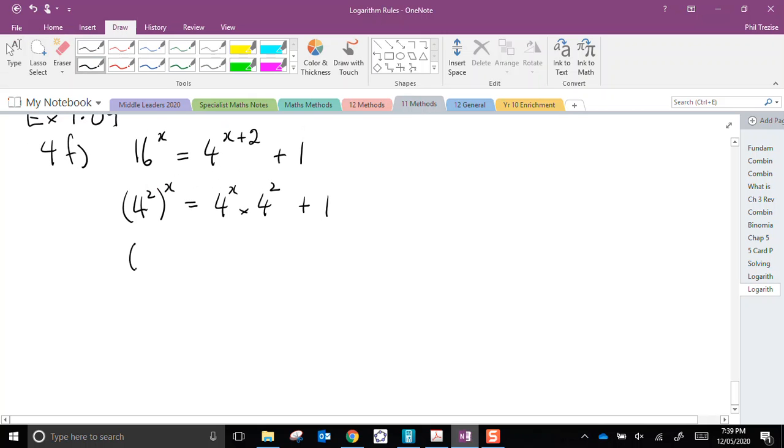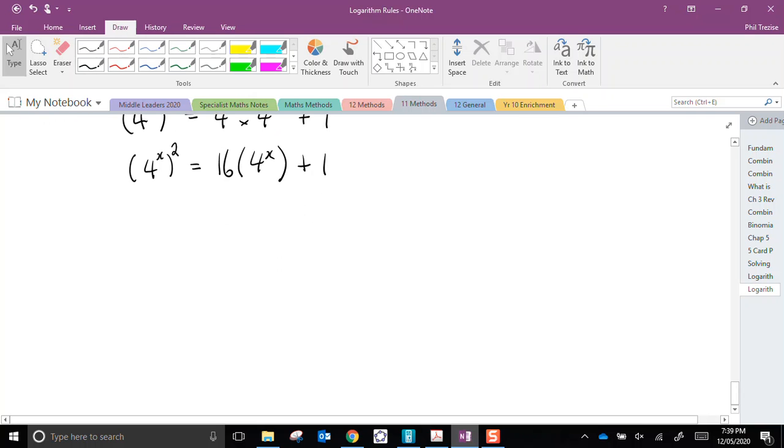Now on this next step, I'm going to swap the position of the 2 and the x. This one here, 4 squared, is 16, multiplied by 4 to the power of x plus 1. I can simplify the way this looks by introducing a dummy variable.